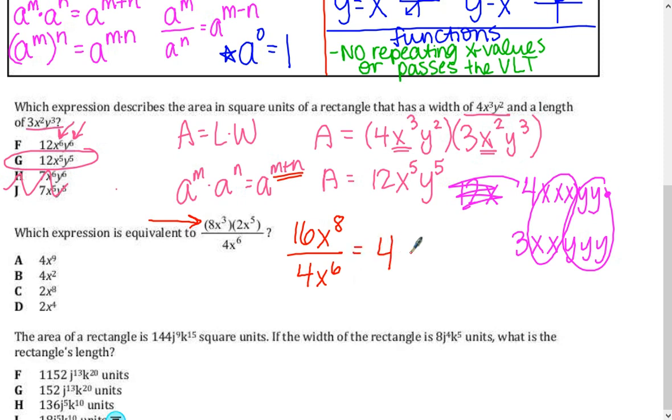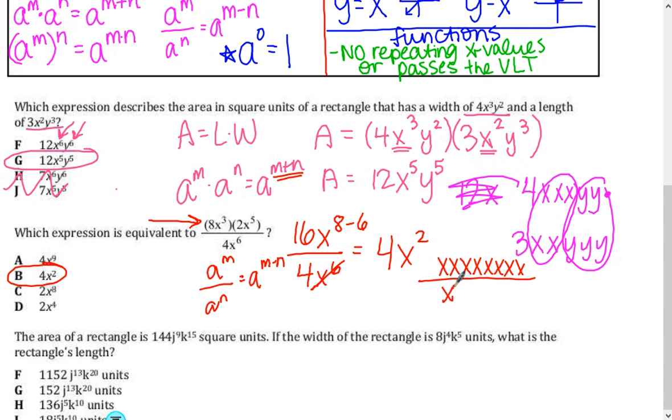My next rule is the quotient rule, and it says that I subtract the bottom exponent from the top exponent. So if I subtracted these 6 up here, I'd get x to the 2nd power. Again, you do have time to do expanded form: 3, 4, 5, 6, 7, 8 all over 1, 2, 3, 4, 5, 6.